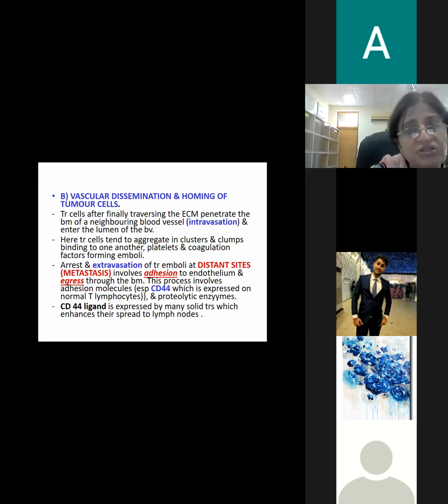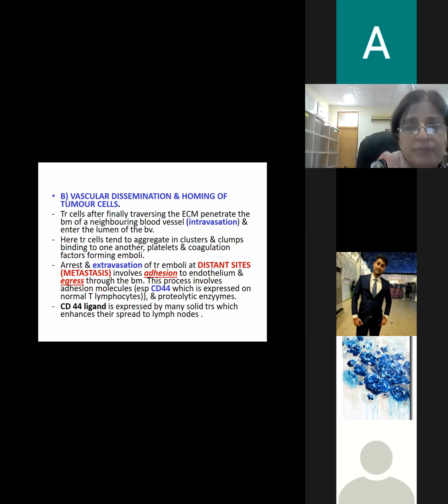After traveling through the extracellular matrix, the tumor cells penetrate the wall of a neighboring blood vessel, और उसकी wall के अंदर जब ये जाते हैं, this process is known as intravasation. And when they intravasate, it means that they have entered the lumen of the blood vessel.